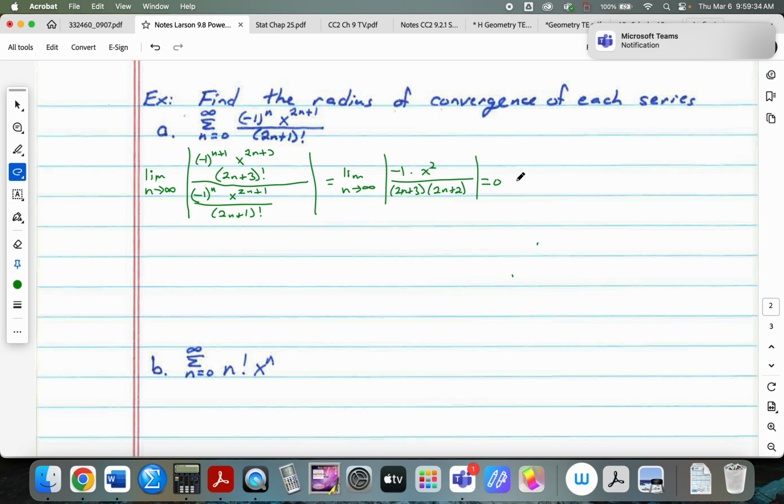It's got to be less than 1. So it's always less than 1. So this means that it doesn't matter what x is. So our radius of convergence is infinite. This is always going to converge no matter what x value you choose.